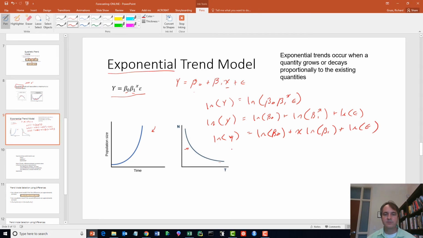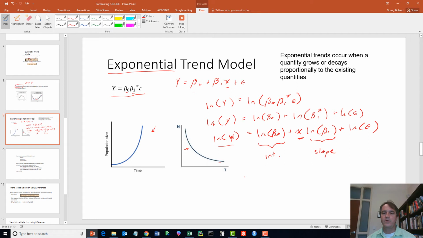Now notice what we have here: if we take the log of our y variable and then regress it on our x variable, this is going to be our intercept, and this is going to be what the regression software will give us back as the slope.